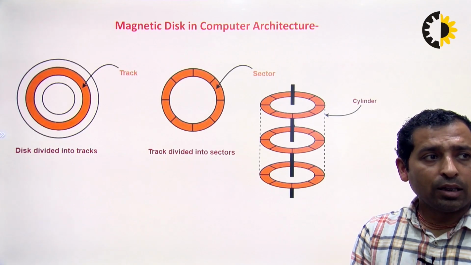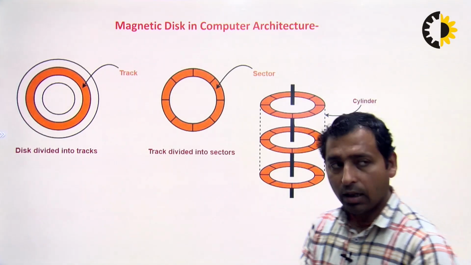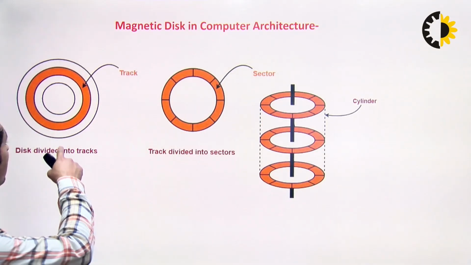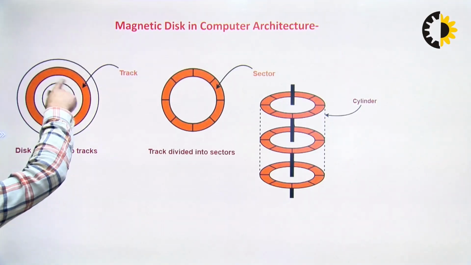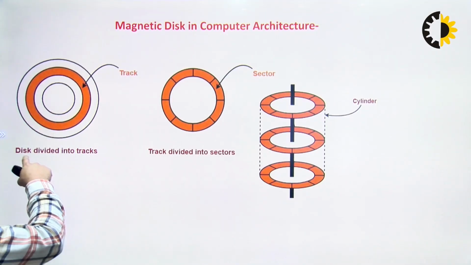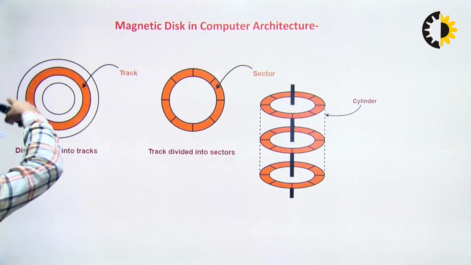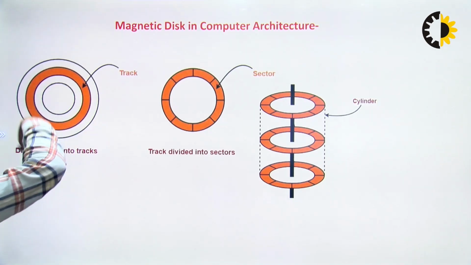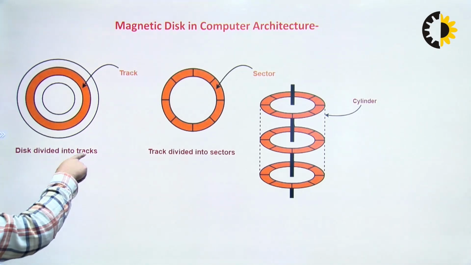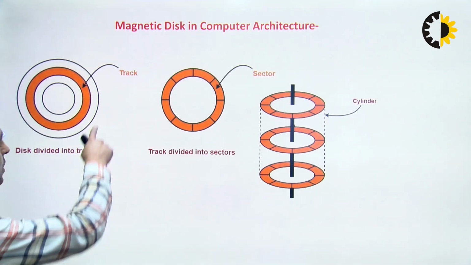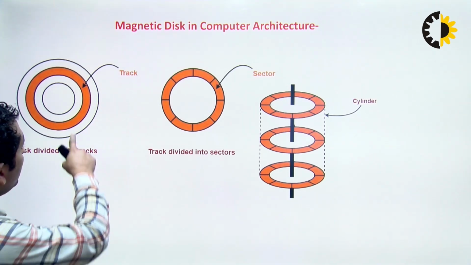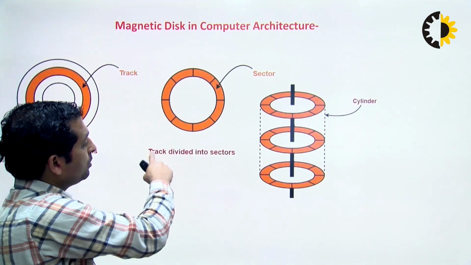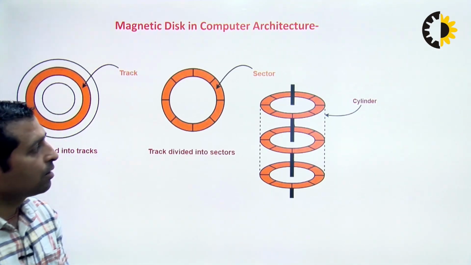With the help of this picture we can understand. The round disk is divided into tracks. The concentric circles 1, 2, 3 and so on are known as tracks, just like shown here, and each track is again divided into different parts. These parts are known as sectors.